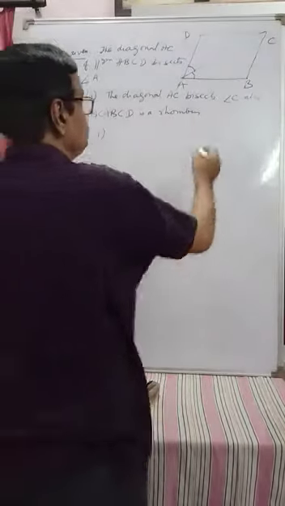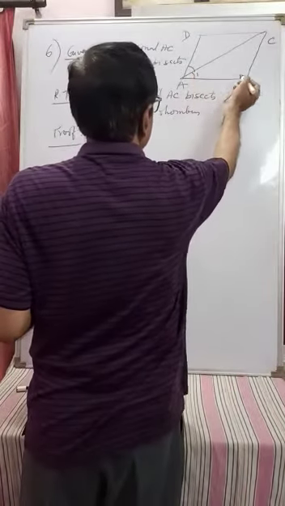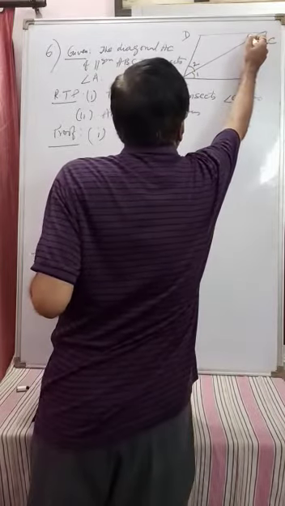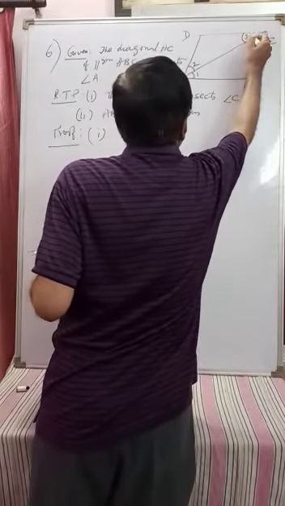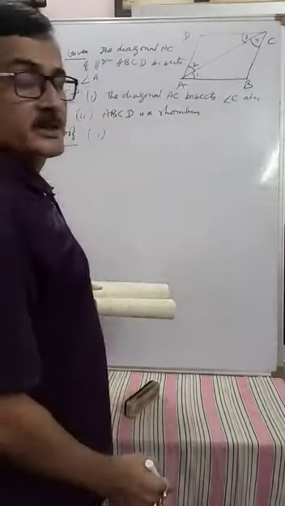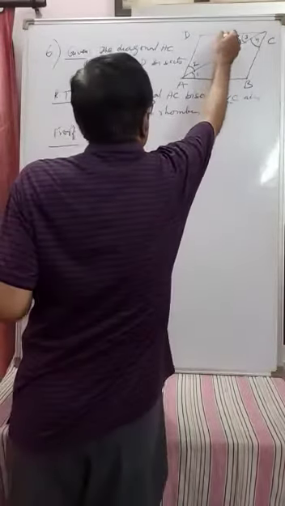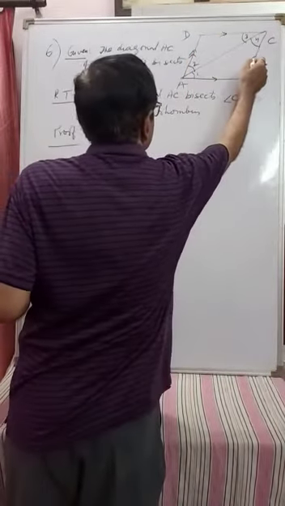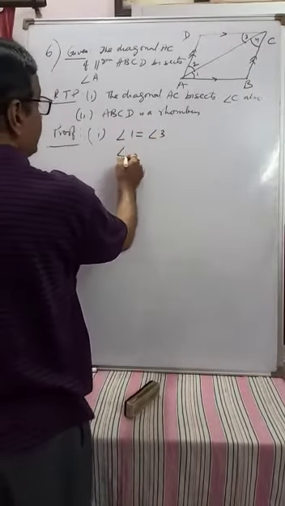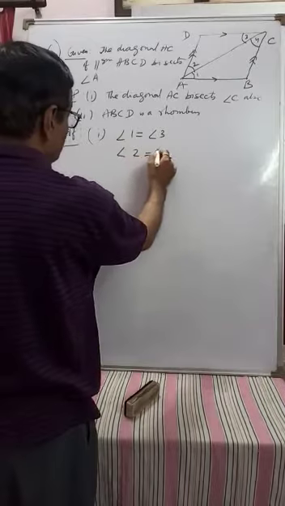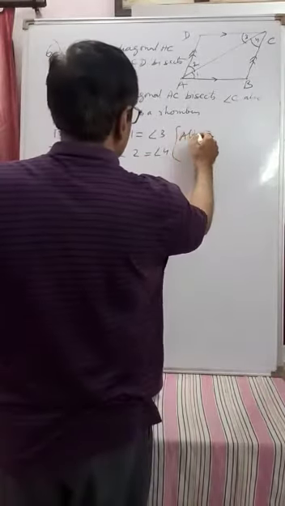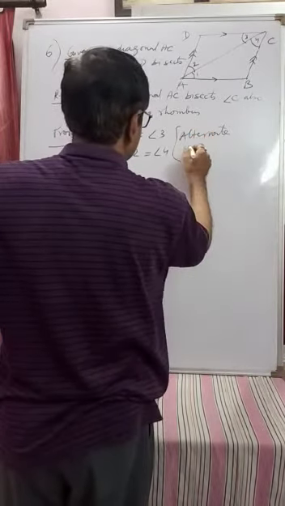Let us mark this angle as angle 1, this is angle 2, this is angle 3, this is angle 4. Since it is a parallelogram, opposite sides are parallel, so directly we can say angle 1 is equal to angle 3 and angle 2 is equal to angle 4, by alternate interior angles.